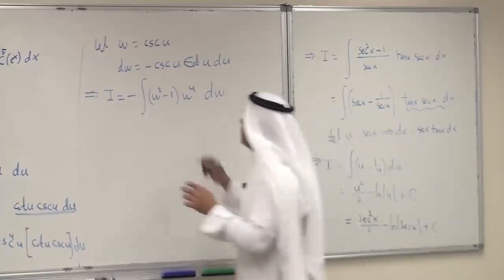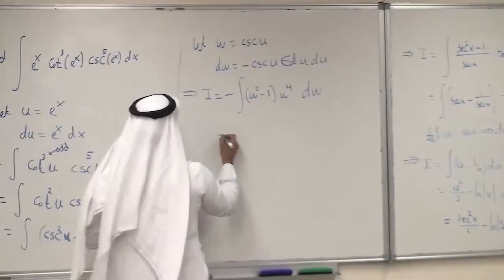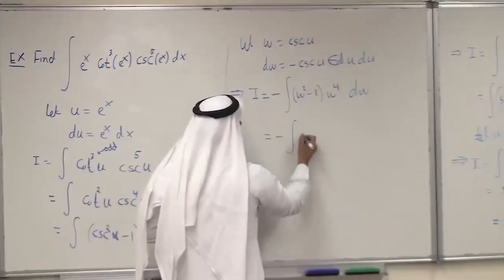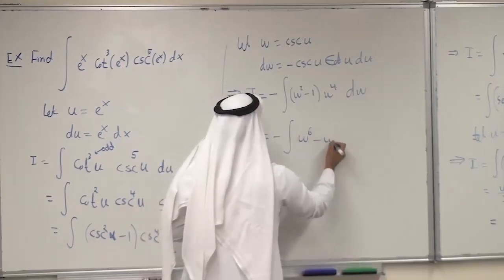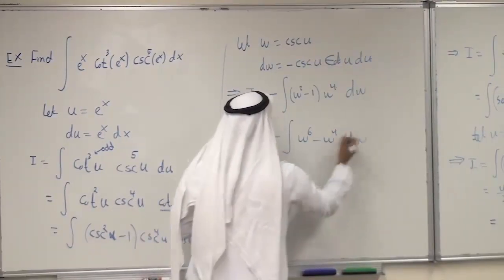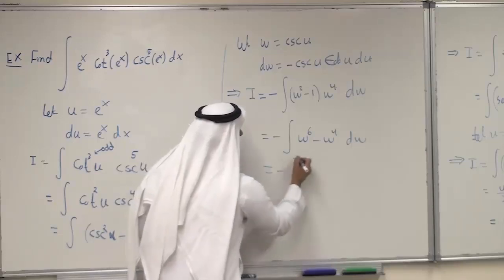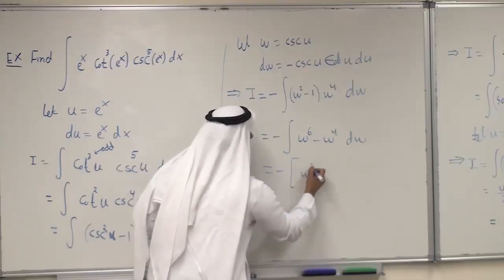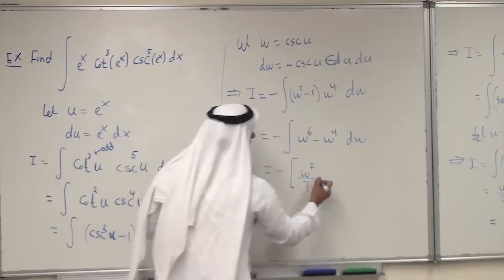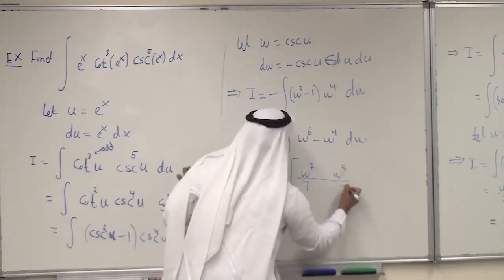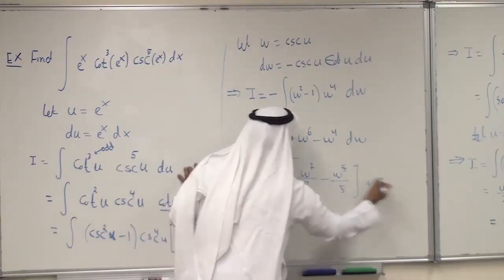Fine. Now let us do the rest of the calculation. We have minus the integral of w to the power 6 minus w to the power 4, dw. So the final answer is minus, w to the power 7 over 7, minus w to the power 5 over 5, plus a constant of integration.